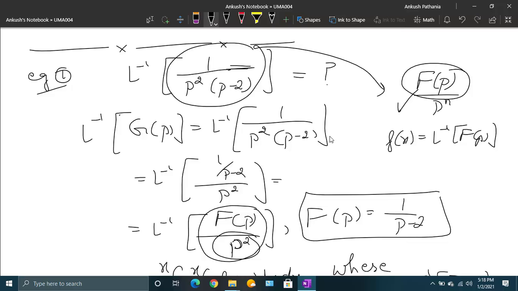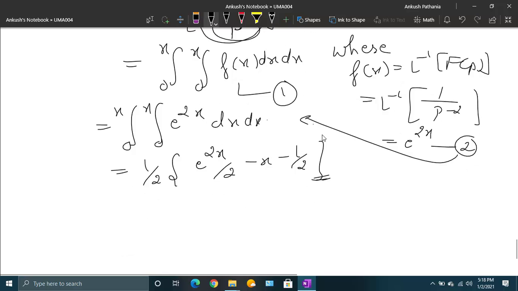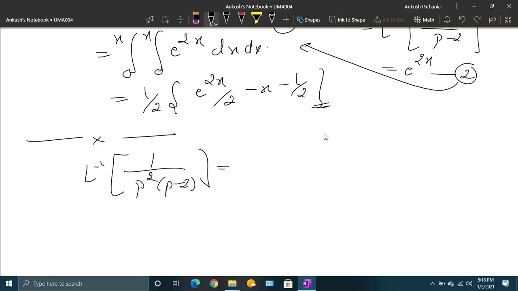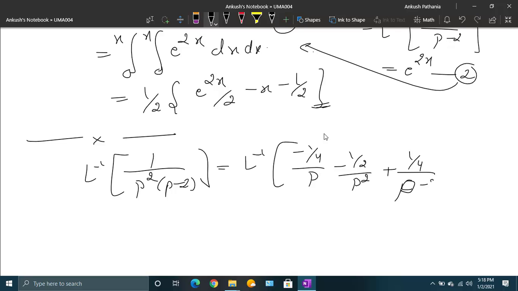Also, you can see this question can be solved easily by partial fractions too. It is not that we can solve this question only by this property. If we use partial fractions, you have 1 upon p square (p minus 2), which becomes minus 1 by 4p minus 1 by 2p square plus 1 by 4(p minus 2).